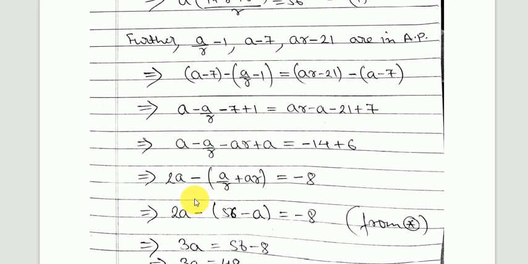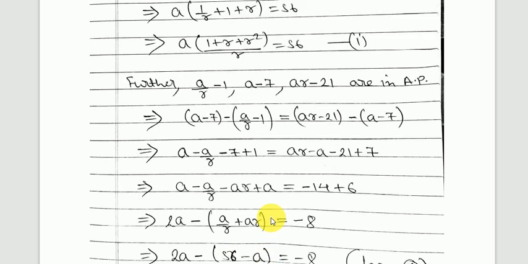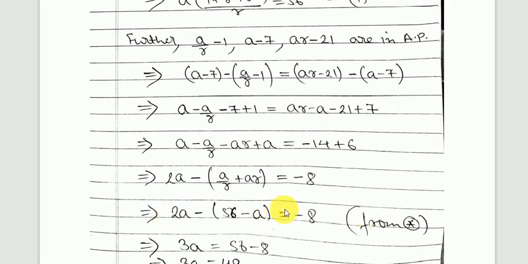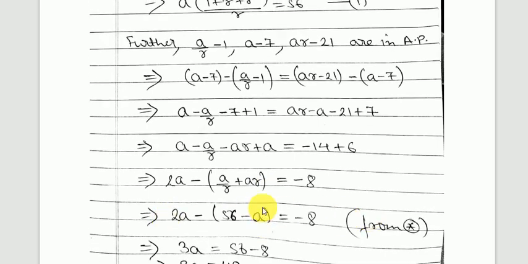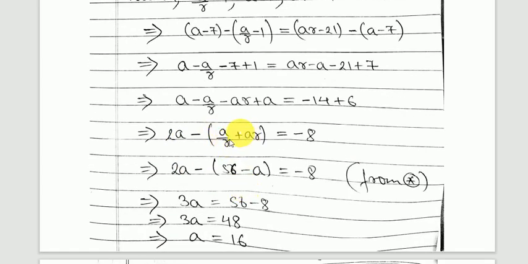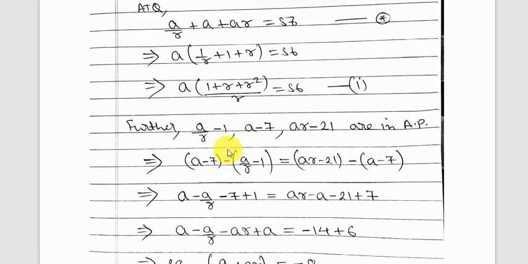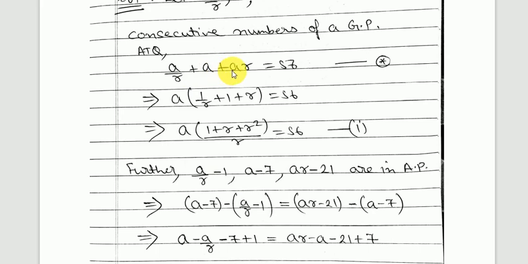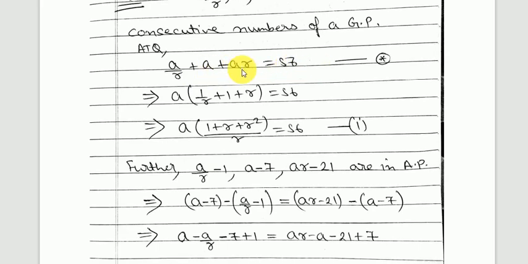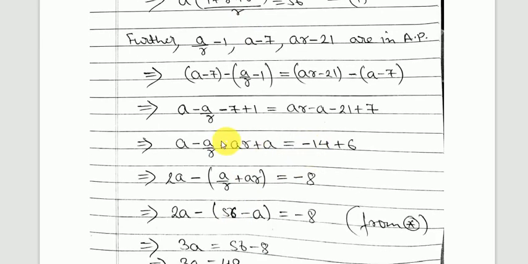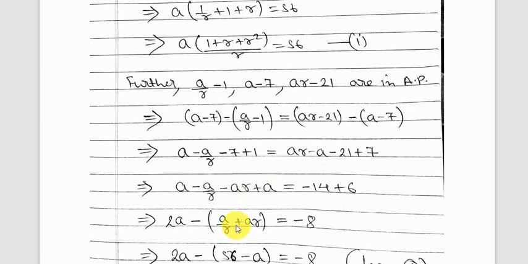So you get 2A minus (A upon R plus AR). Here, from this star, when we were simplifying, A upon R plus AR can be replaced.